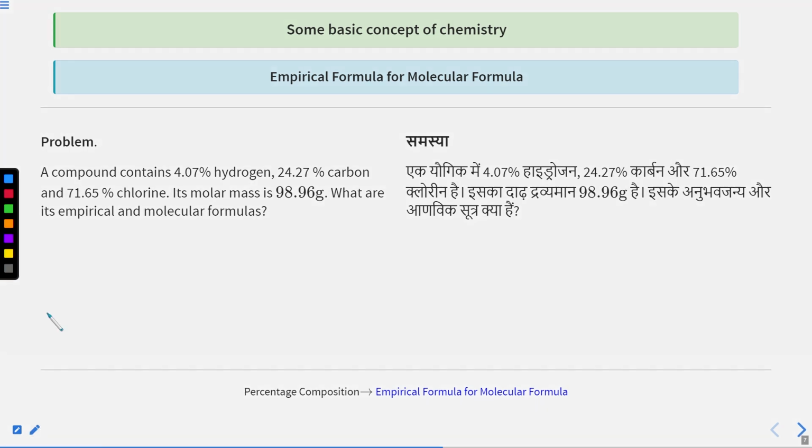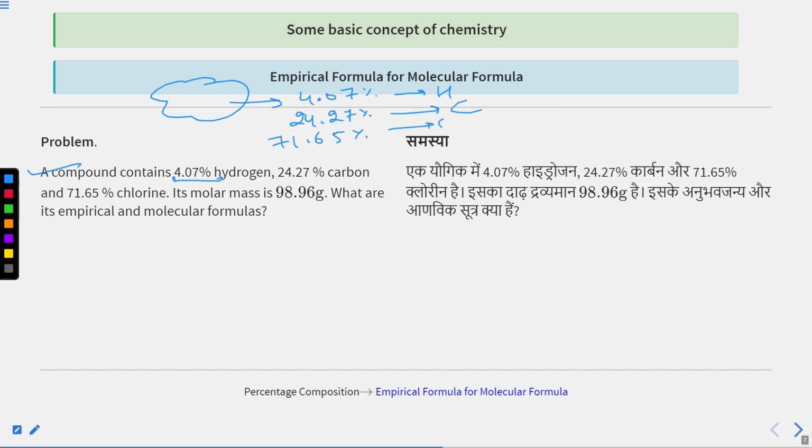In this particular question, you are given a compound that contains 4.07% hydrogen. We don't know the formula of this compound, but it contains 4.07% hydrogen, 24.27% carbon and 71.65% chlorine.